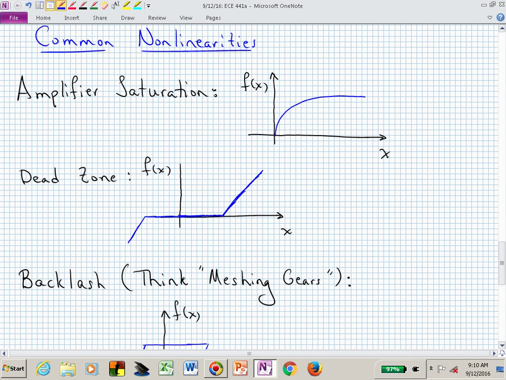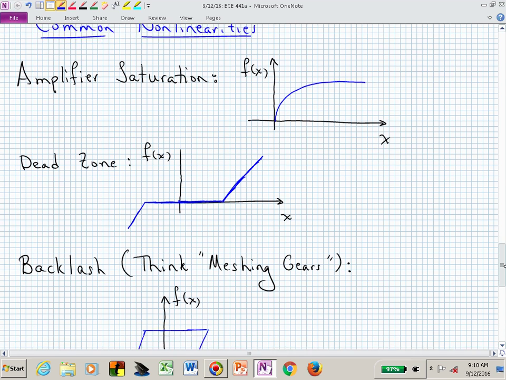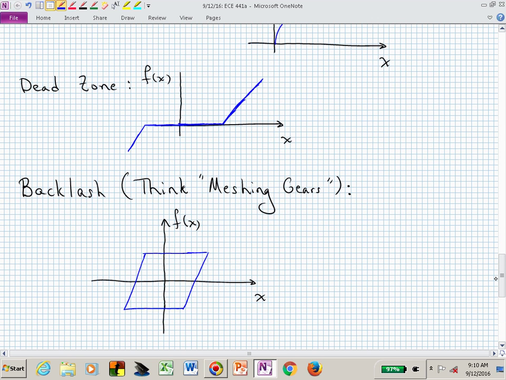A dead zone, meaning maybe nothing happens for a while and then we start moving relative to the variable x, and we could have backlash, where the relationship between x and f of x is obviously dependent on where you are relative to the particular condition of the system.